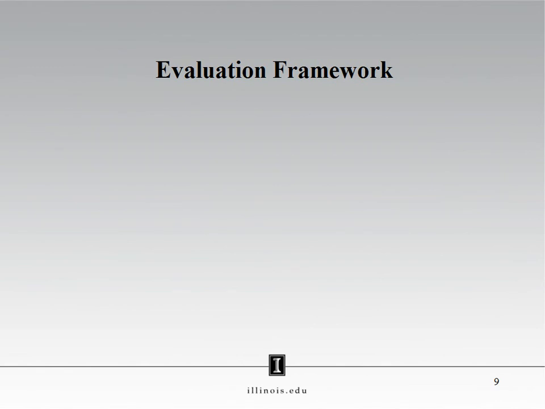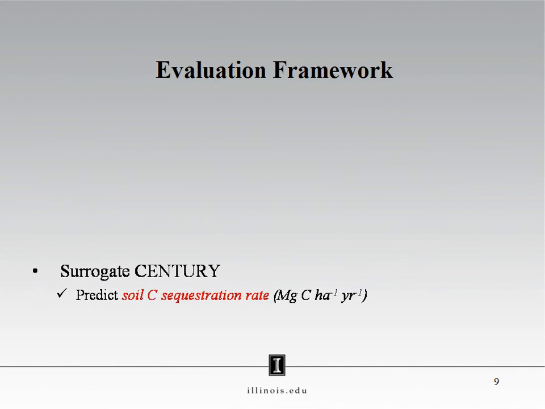The first step in developing an evaluation framework was to select proper process-based models, where the model's predictions can be related to the soil erosion and soil quality resource concern. Our selection of the models was RUSLE2, revised universal soil loss equation 2, and surrogate century model.